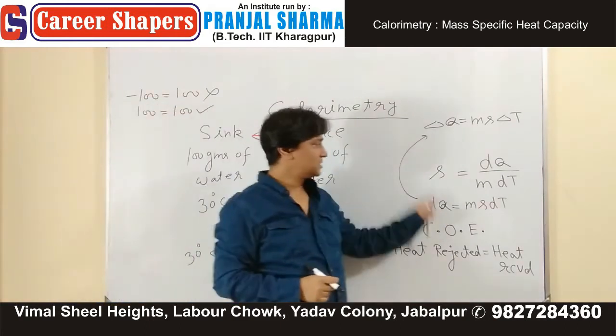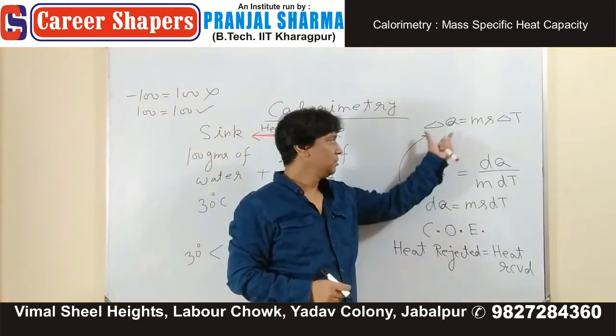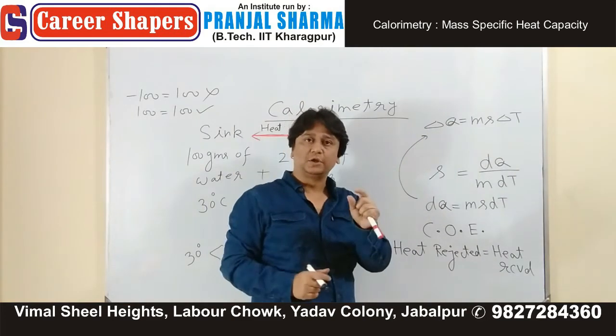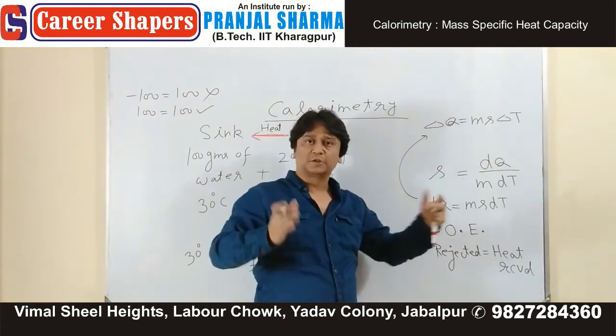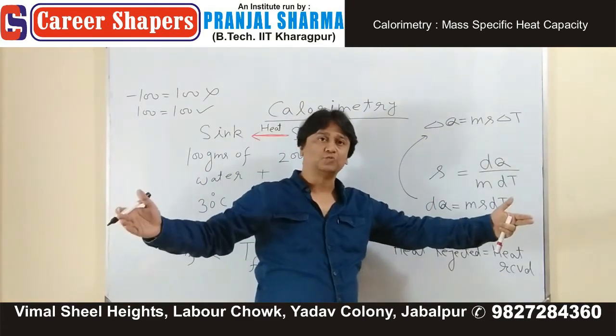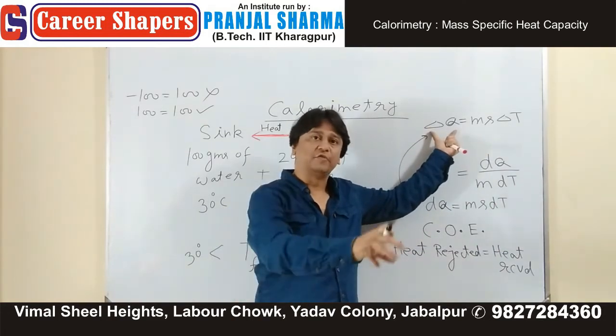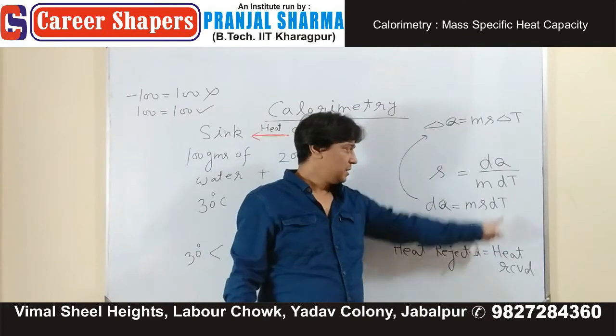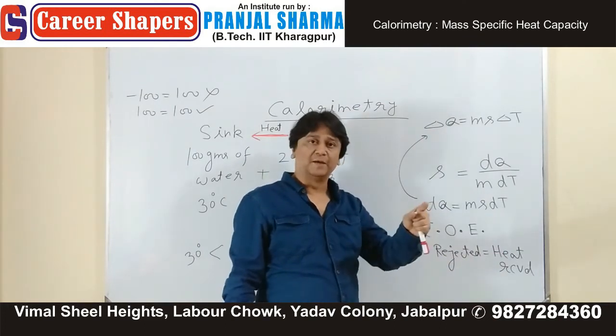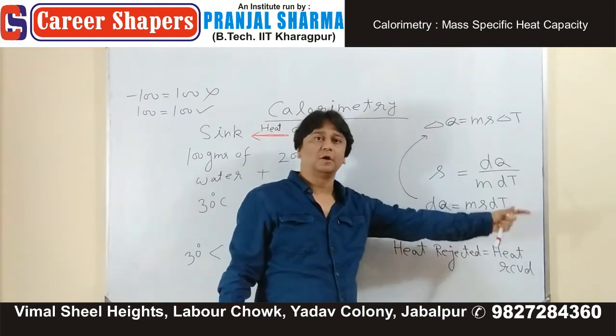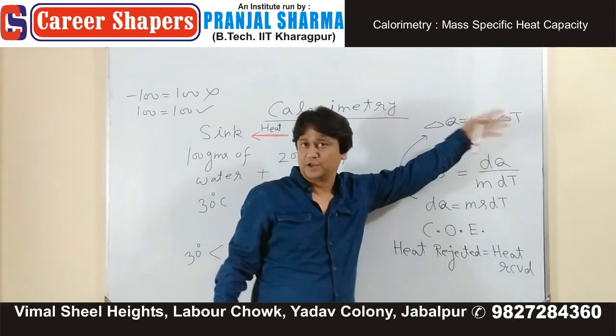You can say it's a small integration. dq becomes delta q. What is dq? Small change. Small becomes what? Large change or large amount of heat supplied. dt, small change in temperature. Small becomes what? Large change in the temperature.